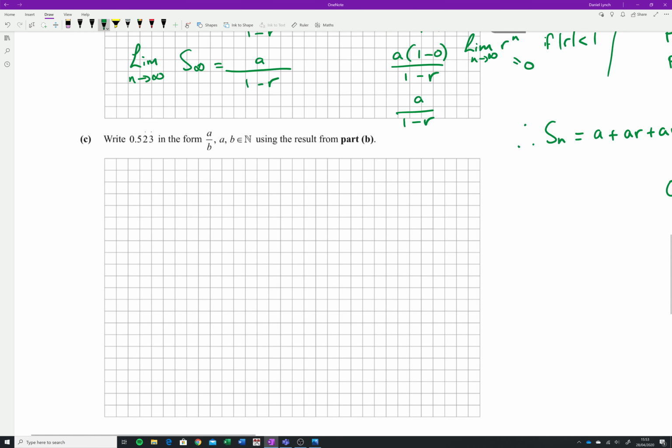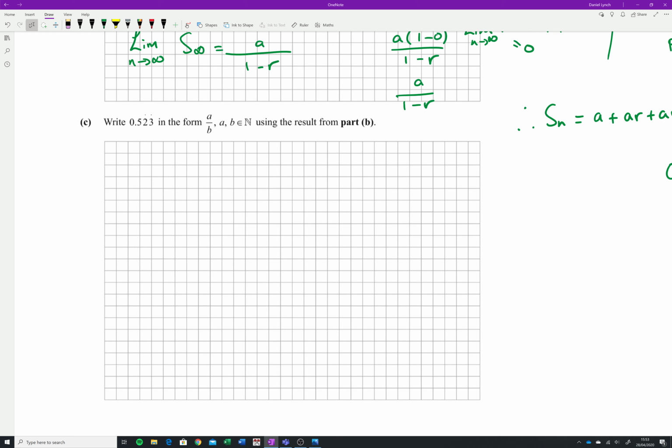Okay, write 0.523232323 blah blah blah in this form using that particular thing. So this is a neat little trick.